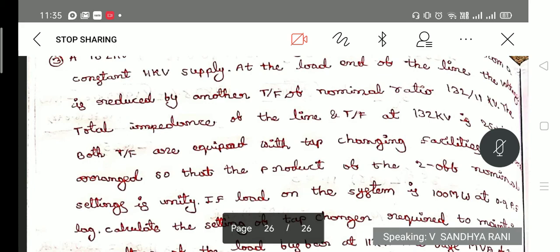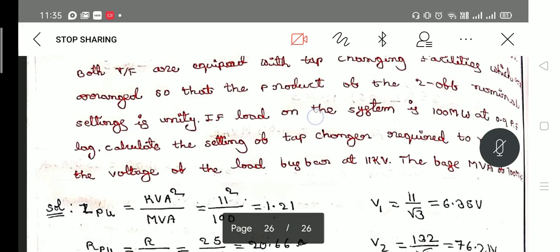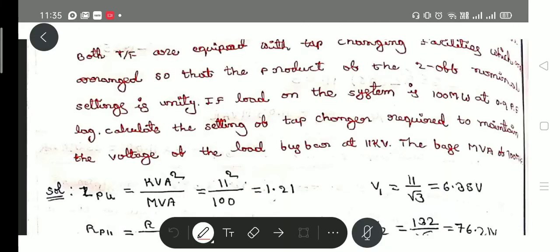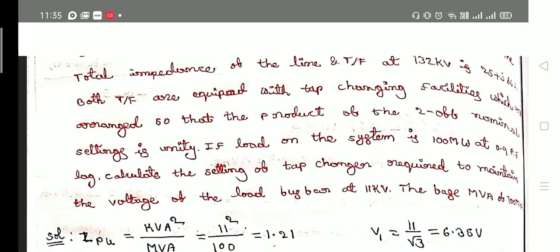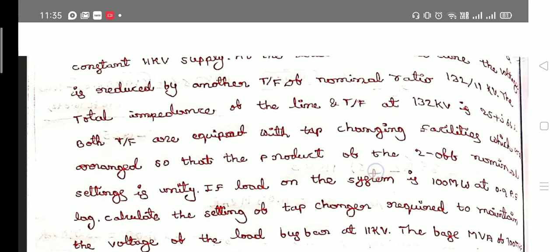Here kV is 11 kV. Z per unit is equal to kV square by MVA. Here kV is 11, square, by 100 MVA.